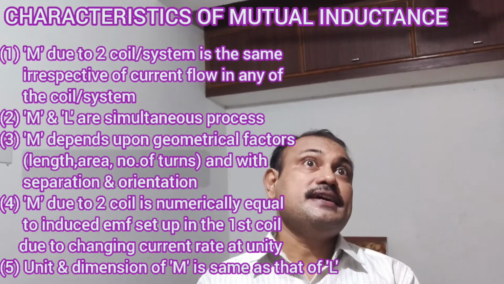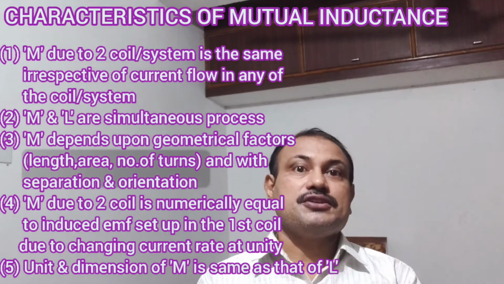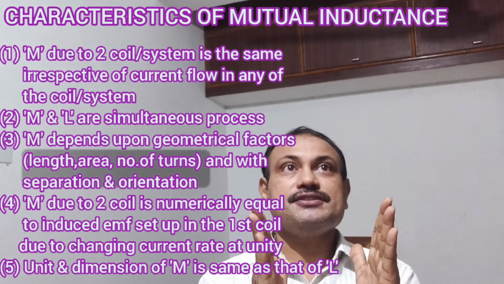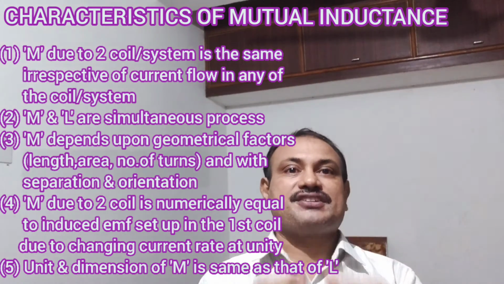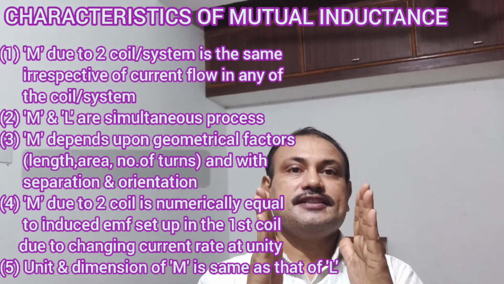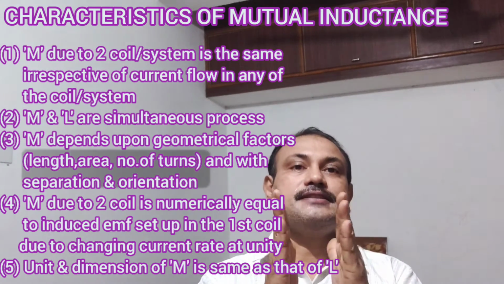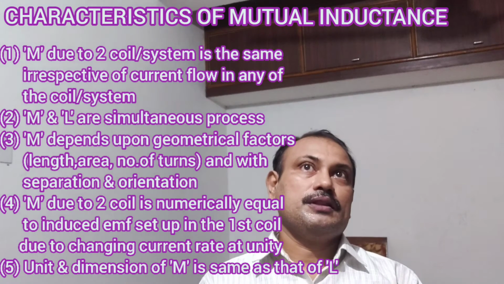But in addition to that, mutual induction depends upon the separation and orientation of the coils. Supposing you have taken two coils, then the orientation and the separation between the coils matter.